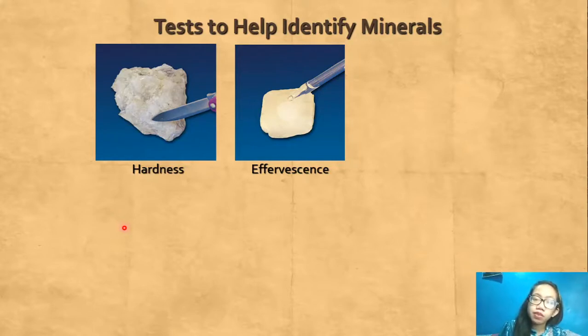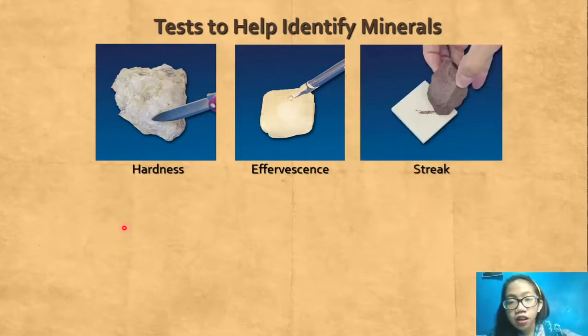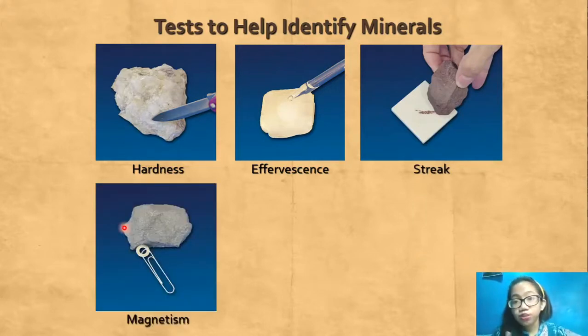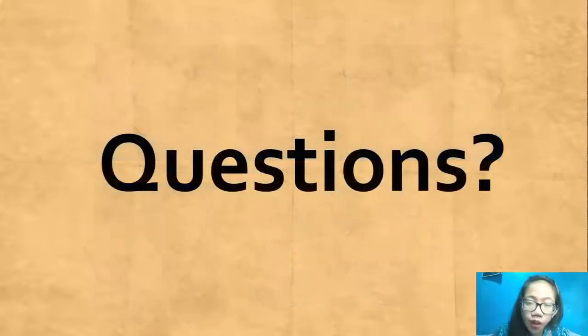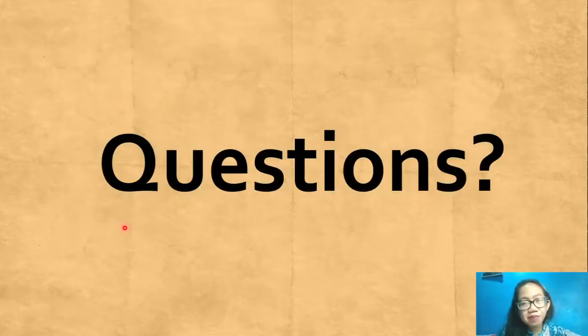So for example, if I drop sulfuric acid on a mineral, would they fizz up, producing bubbles because gaseous elements have been released, or is there no reaction? Okay, so that's effervescence. The streak, or the color that it leaves behind on a streak plate, and whether it has magnetic properties are other characteristics, and also its specific gravity. Okay, so those are all the physical properties of our minerals.